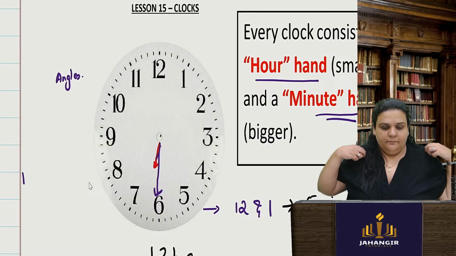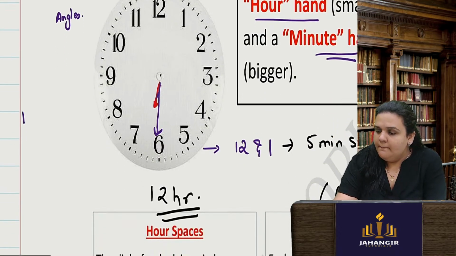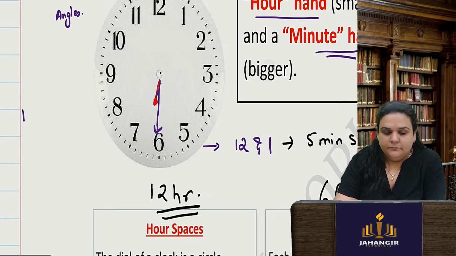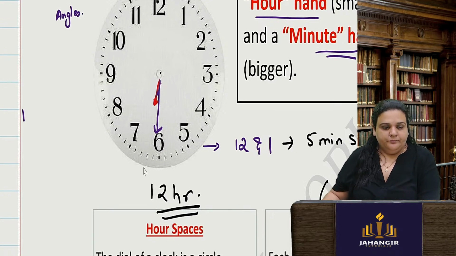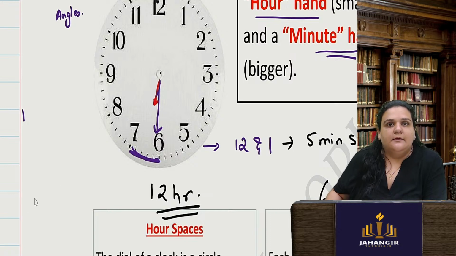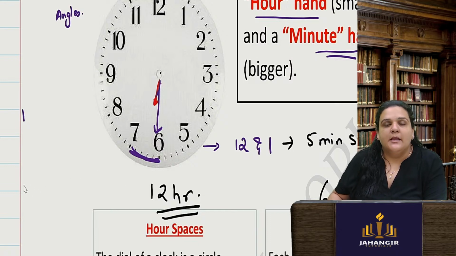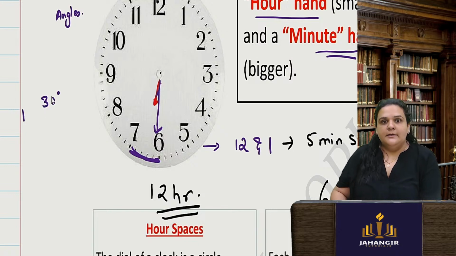Now we all know that 6:30 is between 6 and 7, right? I told you 1 hour space is making how many degrees? 30 degrees.